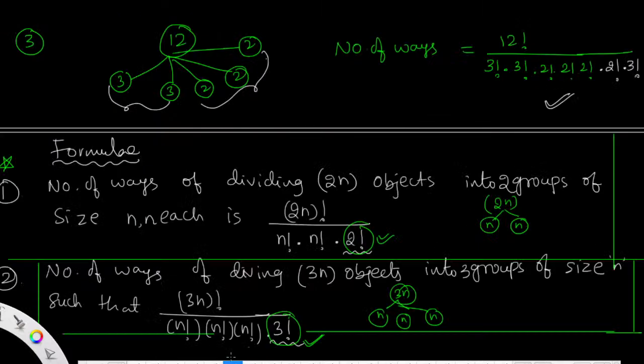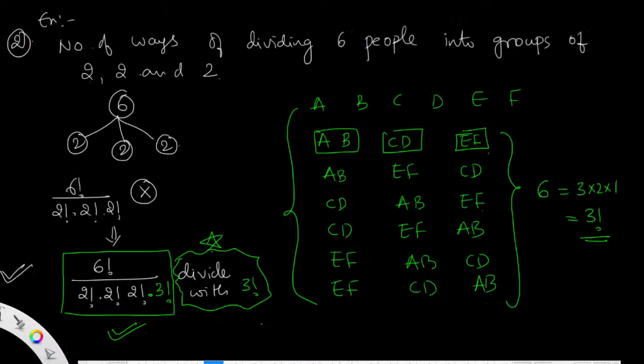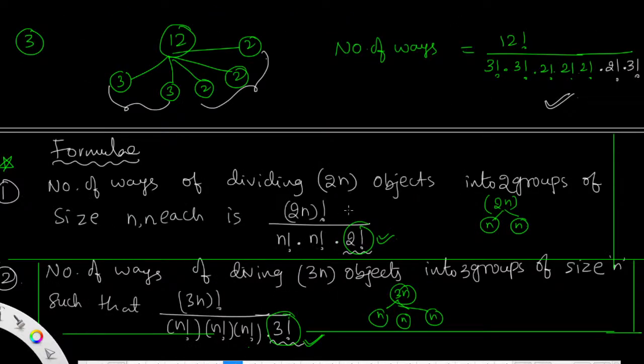Just now we have learned that when the groups are of equal size, we divide by the factorial of the number of groups. If there are 2n objects, the count is 2n factorial by n factorial into n factorial into 2 factorial.